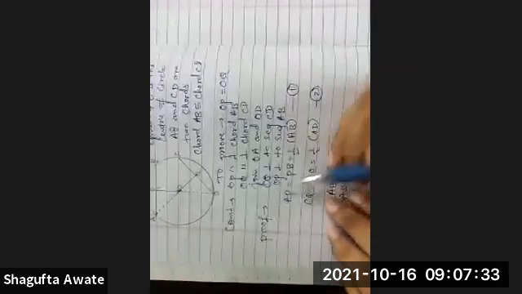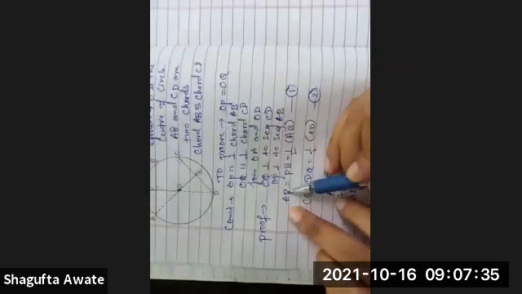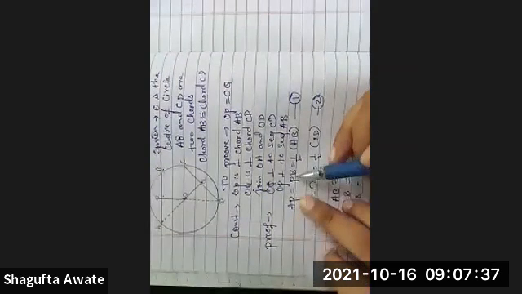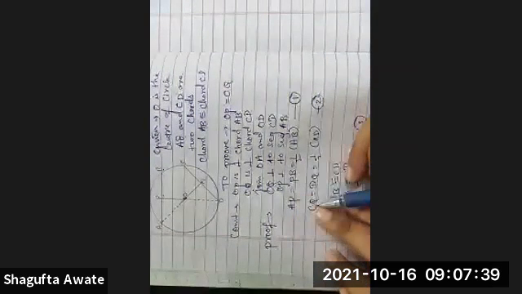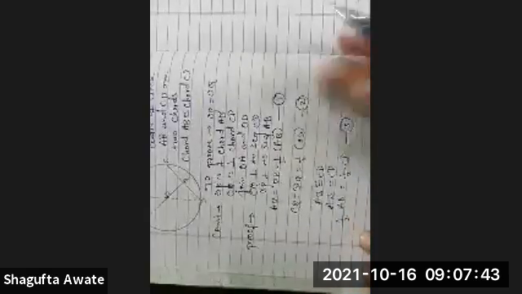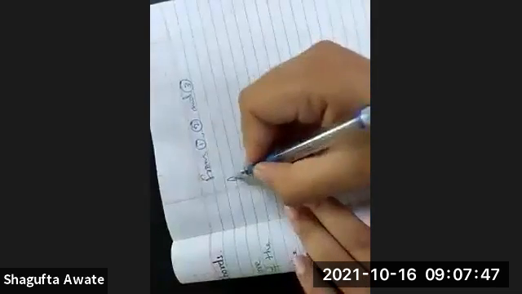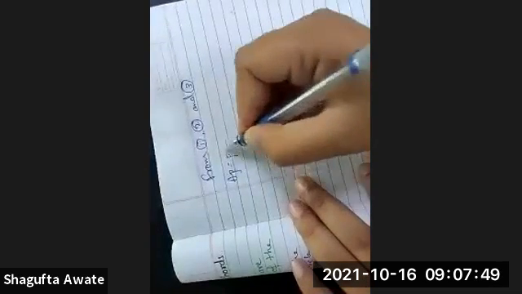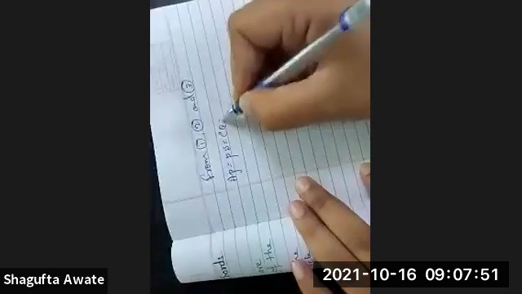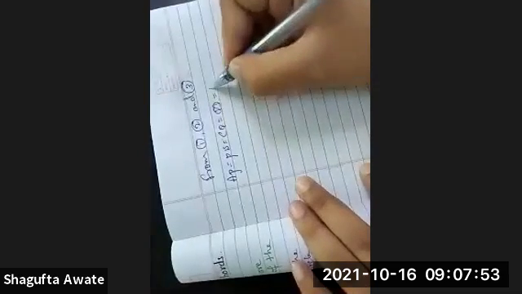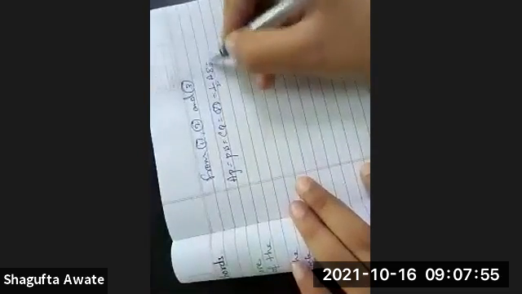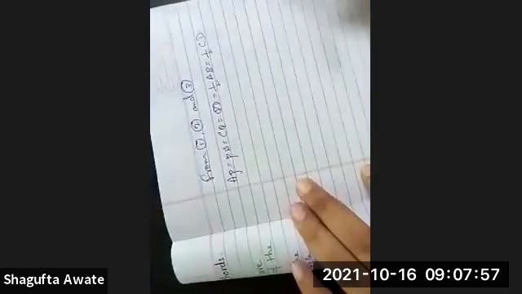So what we'll get? AP is equal to PB is equal to CQ is equal to QD is equal to half the length of AB is equal to half the length of CD.